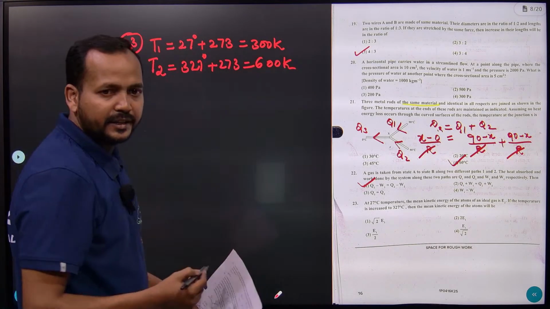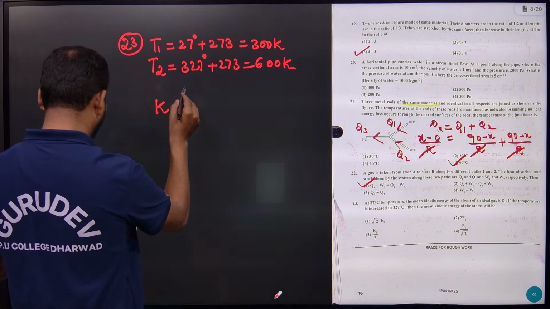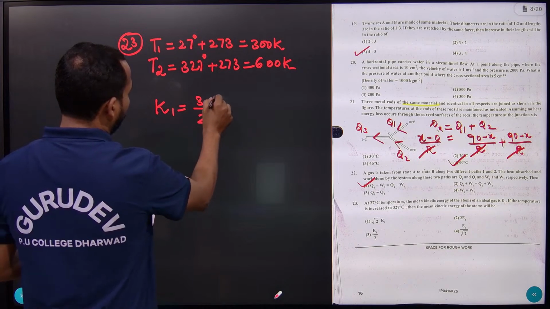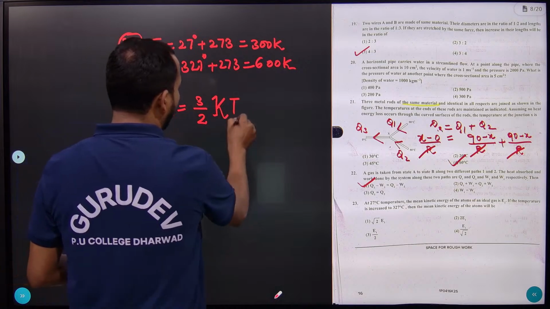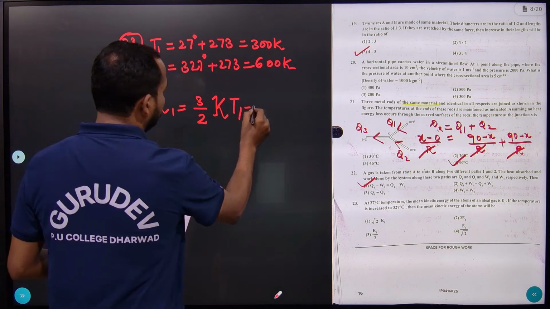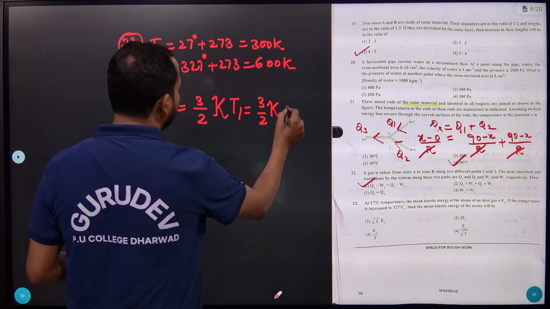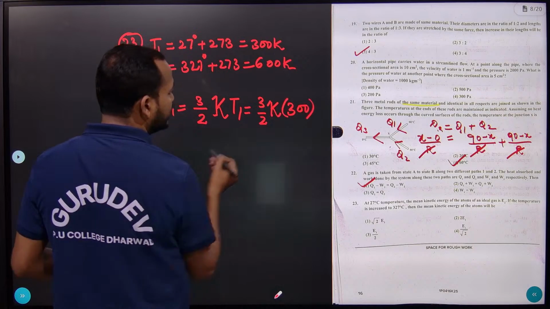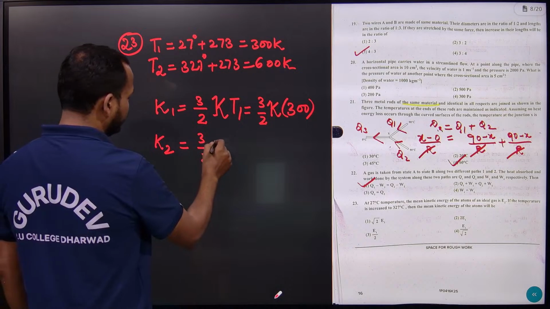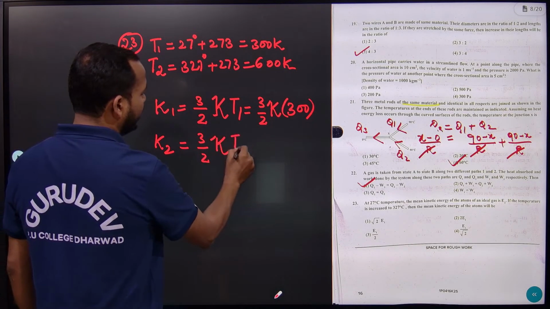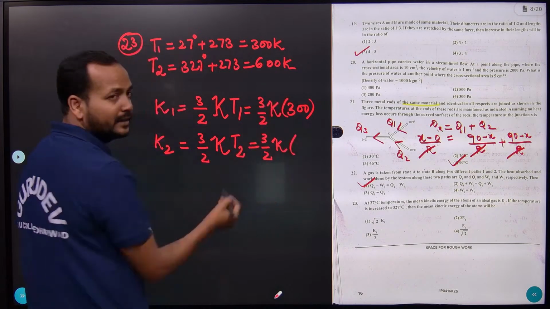And we know the formula for average kinetic energy of atoms, K1 is equal to 3 by 2 k T1, where k is the Boltzmann constant. If you apply the formula, that is 3 by 2 k, T1 temperature is 300. Next, similarly K2 is 3 by 2 k T2, which is 3 by 2 k, and T2 is 600.